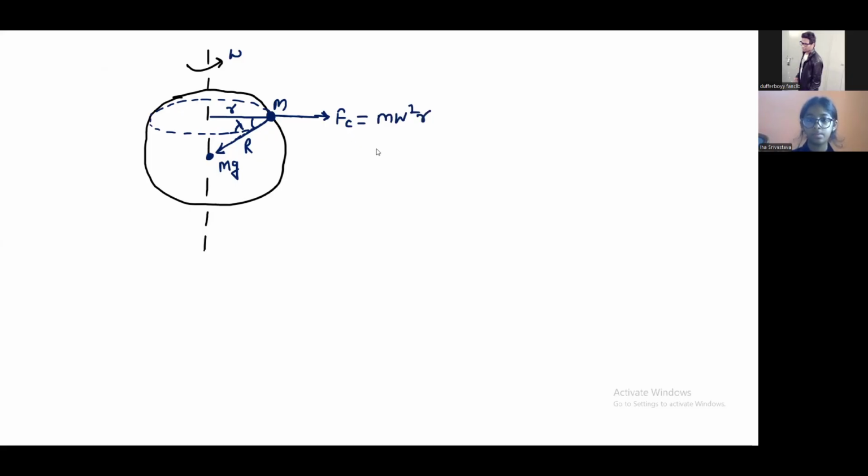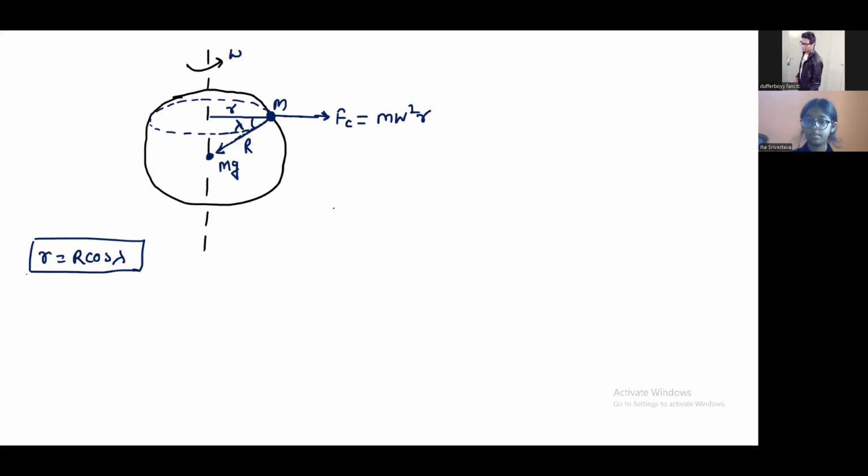And we know the relation between R and r: small r is equal to R cos lambda, taking the component of capital R in the form of small r.